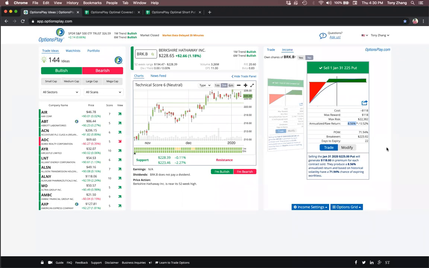So even if you don't end up owning the stock, you've gotten about an 8.5% yield. That's significantly higher than most other income-related products that you see out there, right? And this is really what you can do for any stock that you want to own.